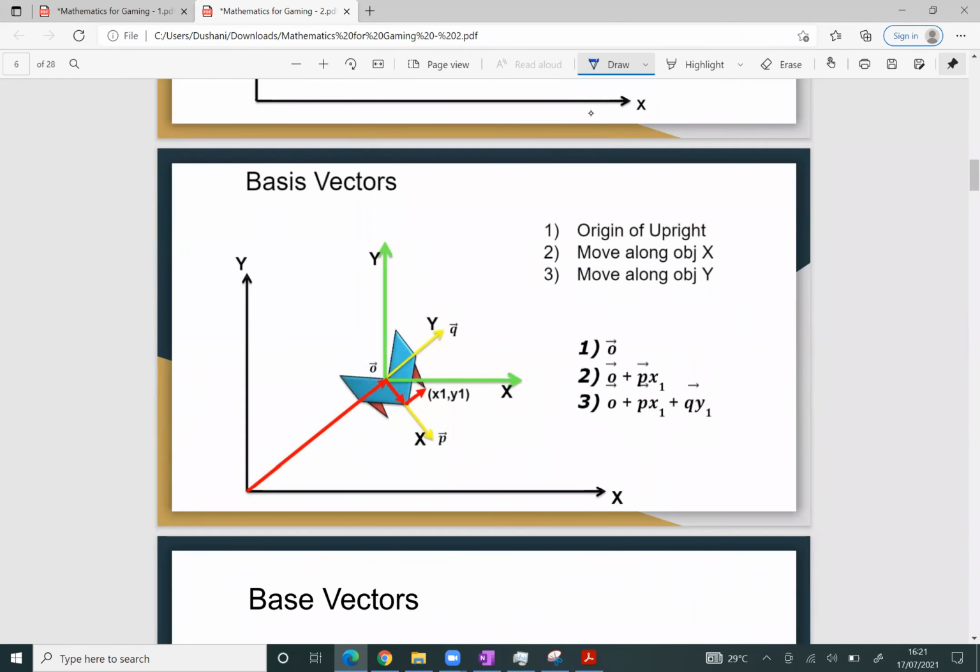Then let's go to basis vectors. A set of vectors in a vector space is called a basis if every element of the vector space can be written in a unique way as a finite linear combination of elements of the set of vectors.